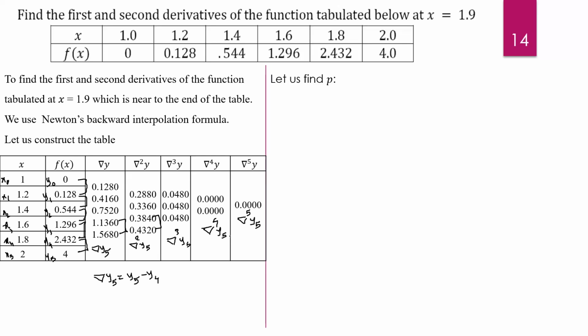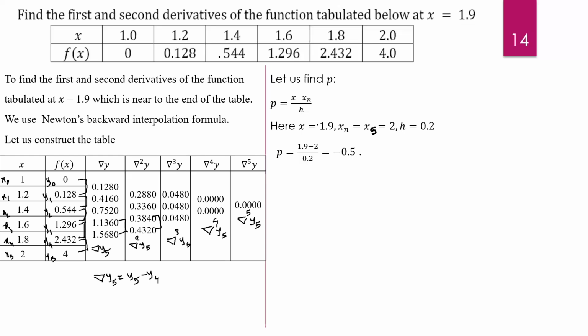So here first we find p. This is not a last value given, but its previous value, that is 1.9. So here the step size h is 0.2, x is 1.9, this is the x5, and the step value is 0.2.